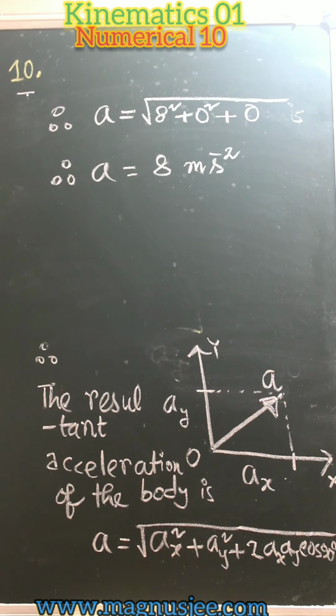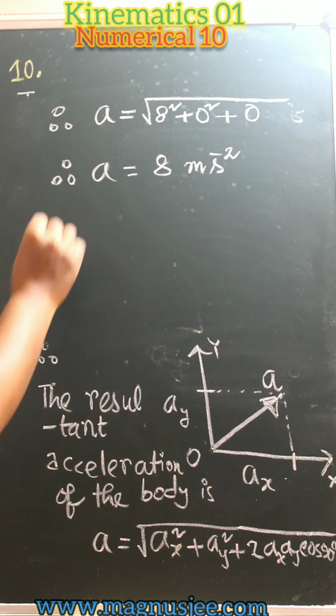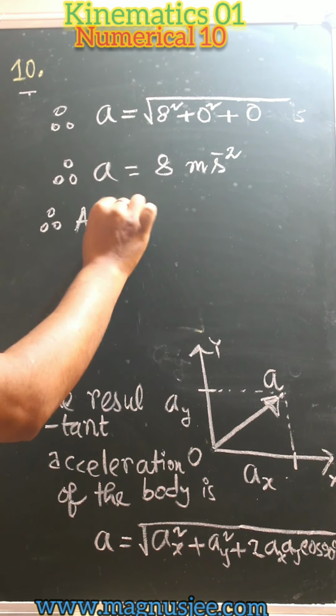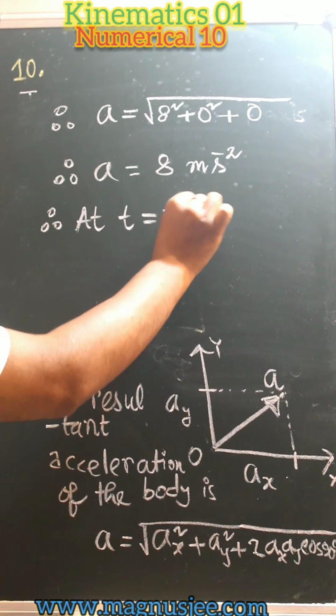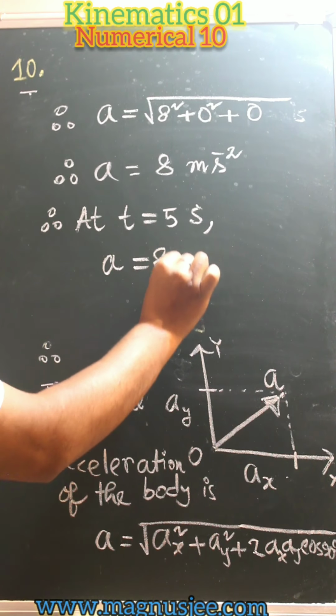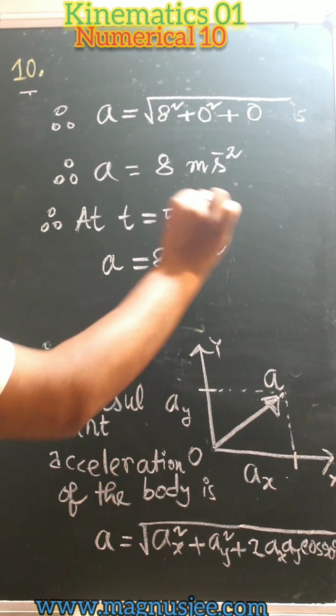Resultant acceleration of the body is 8 meter per second square, which acts along x-axis, because acceleration of the body along y-axis is 0. This acceleration is constant, so at instant 5 second it will be again the same, 8 meter per second square.